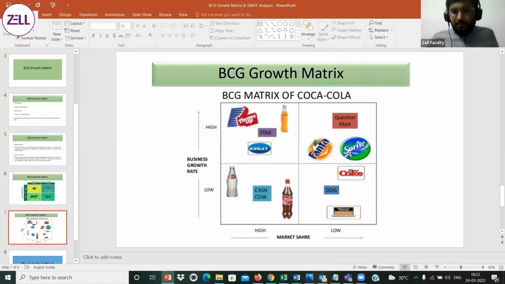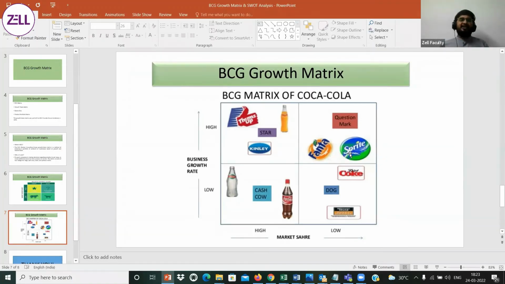Yes, we can, but there has to be only one criterion for investment in the dogs category: when we think the market will catch up in the future. Otherwise we should immediately liquidate the business. Because believe me, a company which has a low market share and low market growth will not survive. It is already costing you money.